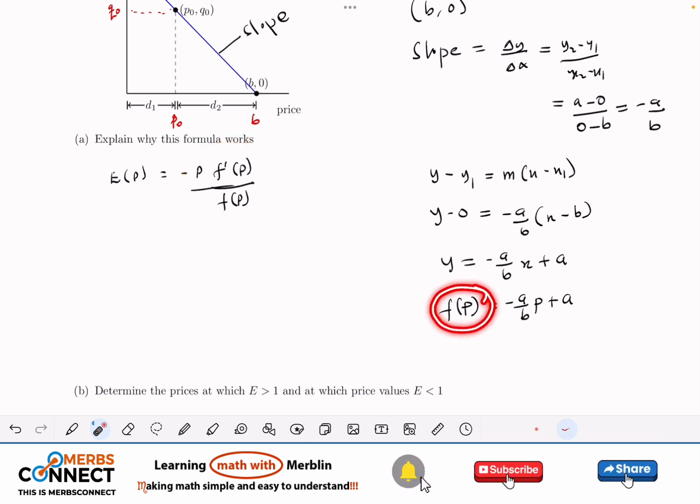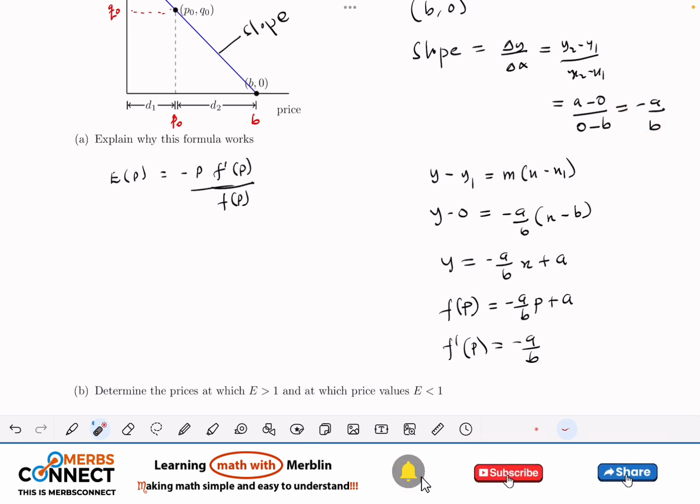So now, since I have this one, what is f prime of p? f prime of p is actually the slope, which we had to be minus a over b, but you can decide to also differentiate. When I differentiate a with respect to p, I get 0. When I differentiate p, I get 1, so it will be left with minus a over b, which is the slope that we found.